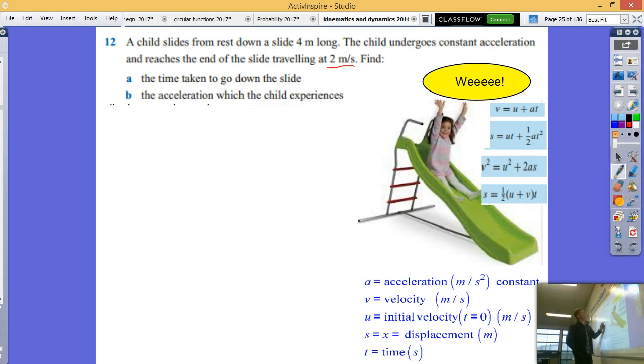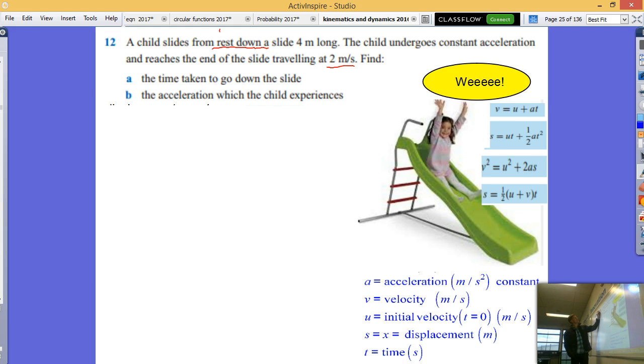Okay, what do we know, what quantities can we determine? What do we know about u? Initial velocity. u is 0. So we look for keywords like at rest or from rest, which means initial velocity is 0. Child undergoes constant acceleration, which means big tick for these rules.